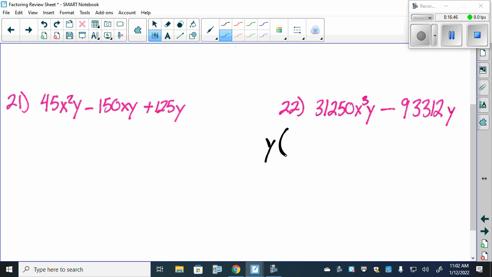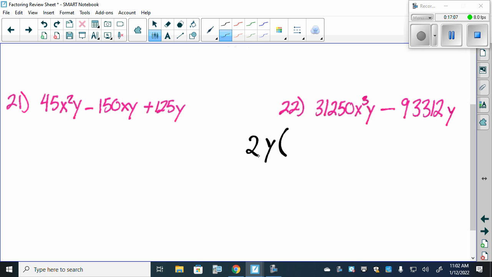Is there anything else we could factor out of these two terms? Well, I do know they're both even, yes? So we can factor out a 2. I'm having a little trouble seeing anything other than that, so let's start with 2. And if there is another greatest common factor, we can see it from there.